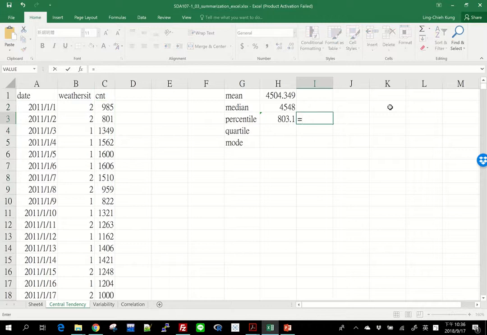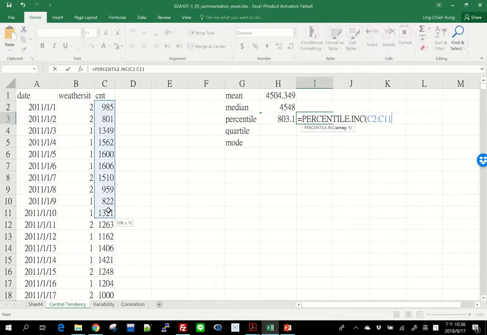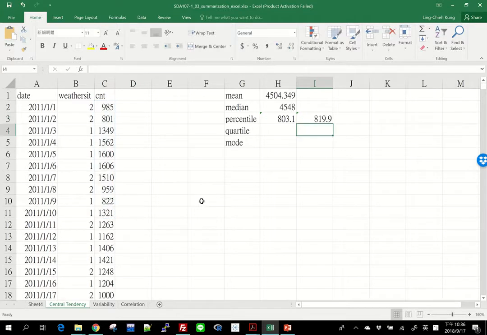Or if you look at percentile inclusive, okay, you also select these 10 values, and then you also type 0.1. You can see that these values are somewhat different. So if you have some free time and if you want to take a look at their manuals on what exclusive and inclusive mean, you're going to get an answer.